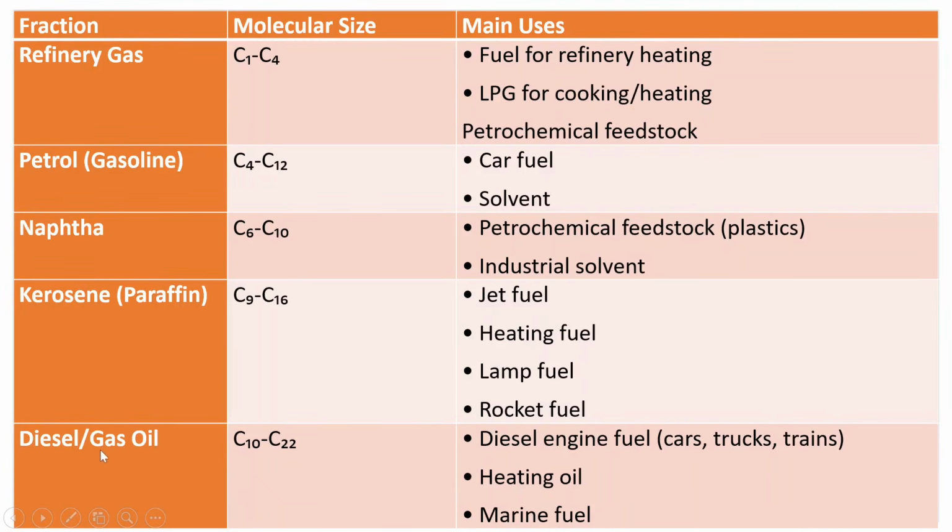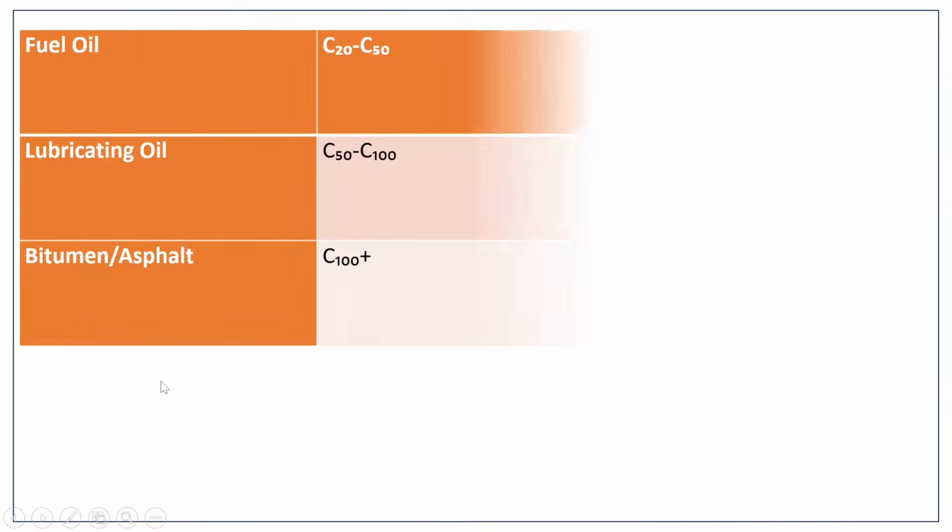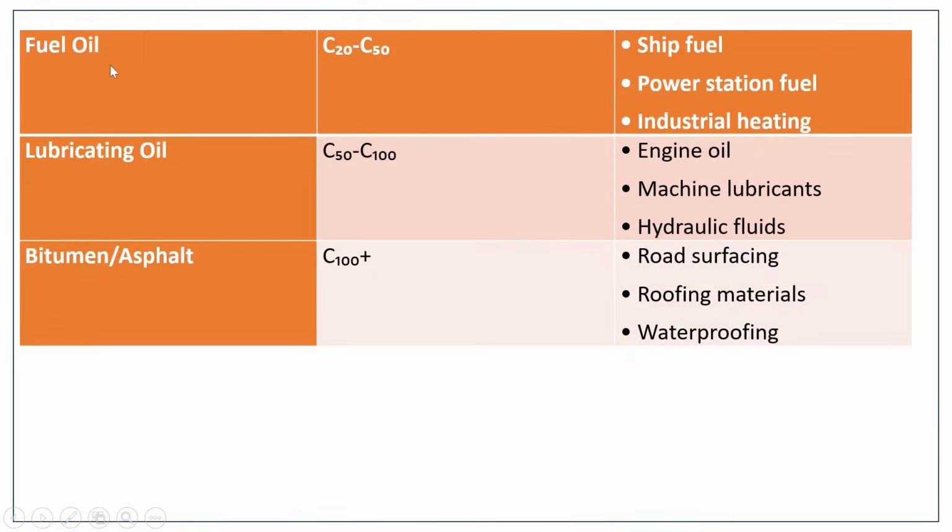When we come to diesel or gas oil, it is used as diesel engine fuel in cars, trucks, and trains. It is also used in heating oil and also marine fuel. Okay. Then fuel oil is used in ships as fuel, also power station fuel, and also industrial heating.